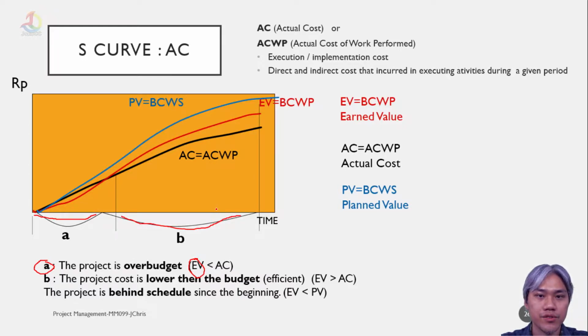The earned value is lower than the actual cost. But in time period B, the project cost is lower than the budget. It is called more efficient because EV is bigger than AC. The earned value is bigger than the actual cost. But we can see also that the project is behind schedule since the beginning because EV is lower than PV.